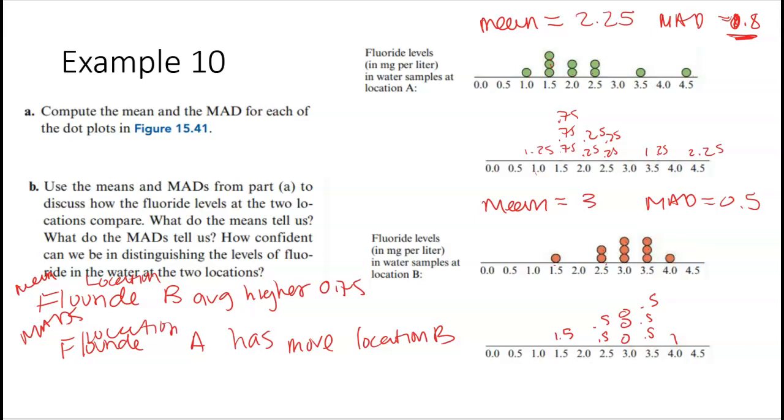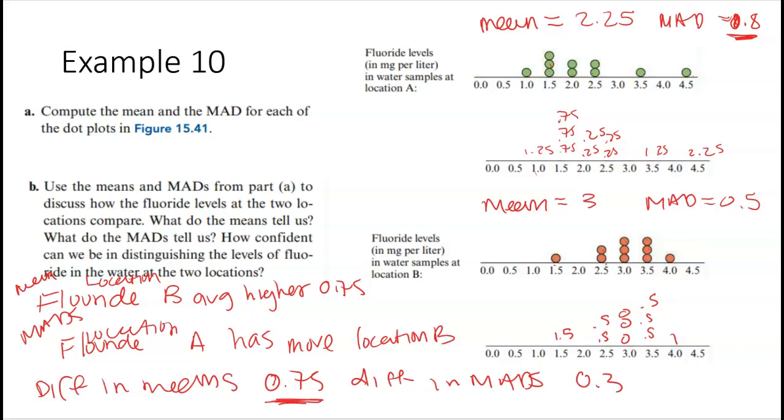So the difference in means, how confident can we be in distinguishing the levels of fluoride in the water? The difference in means is 0.75, 3 minus 2.25. And that's large compared with the difference in the variability. The difference in the means is 0.75 and the difference in the MADs is 0.3.